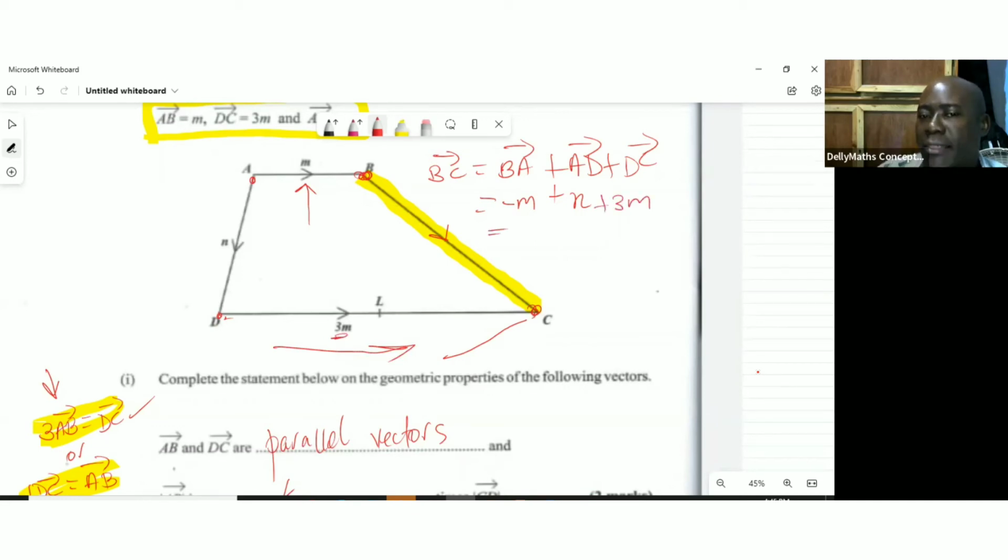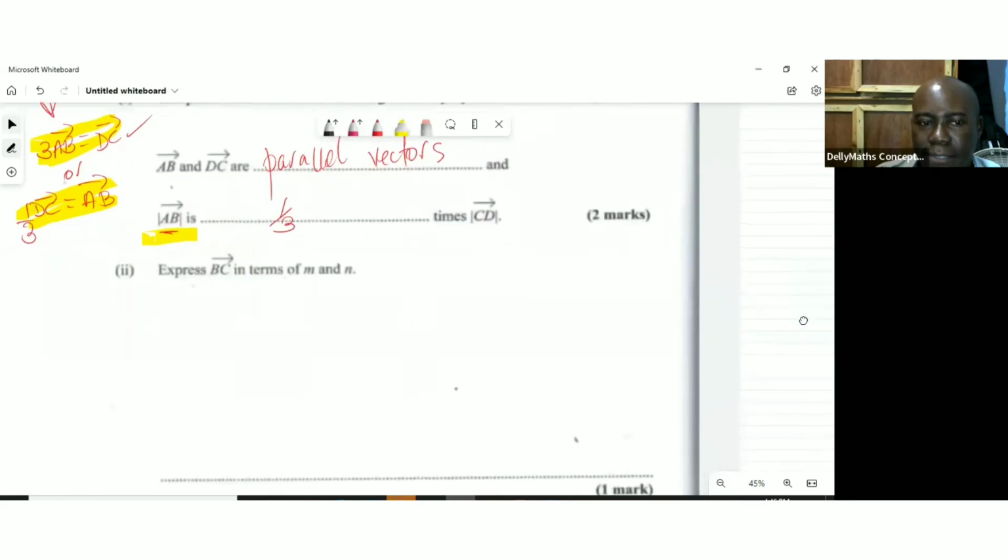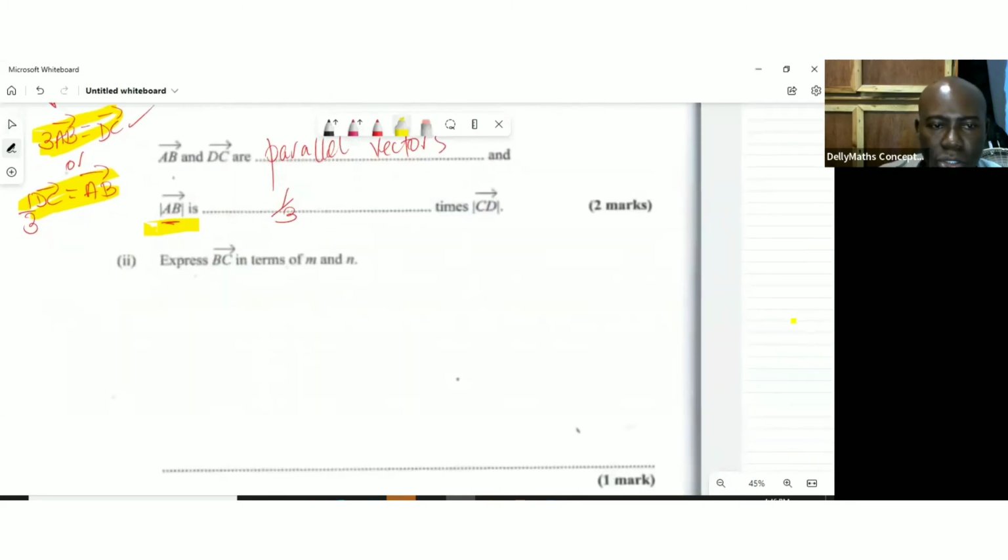When we simplify, we have negative M plus 3M plus N, which is 2M plus N. And that is the vector BC. All right, 2M plus N.